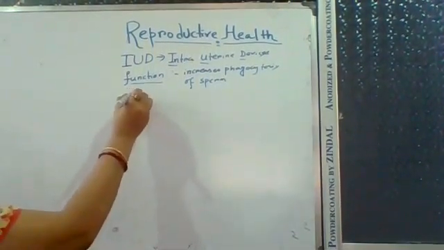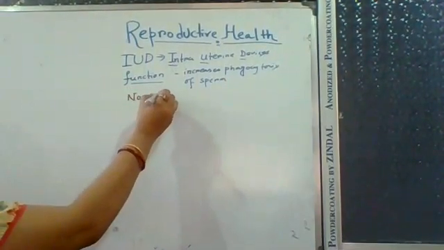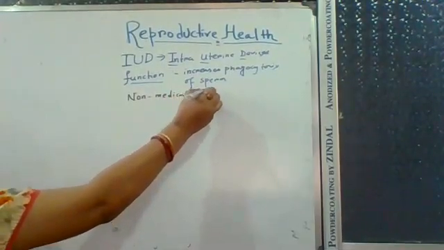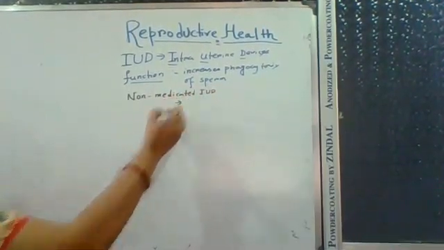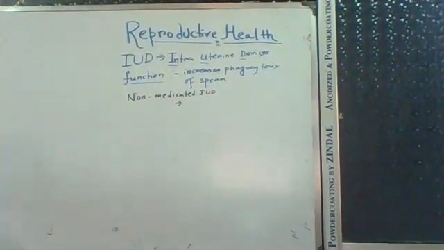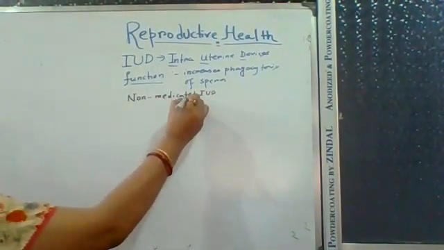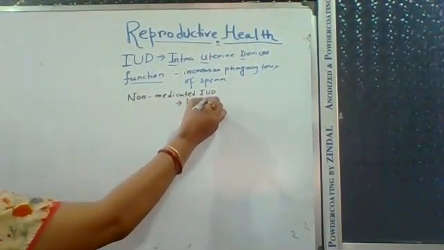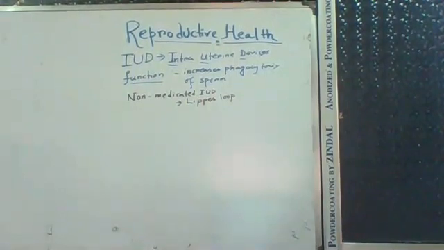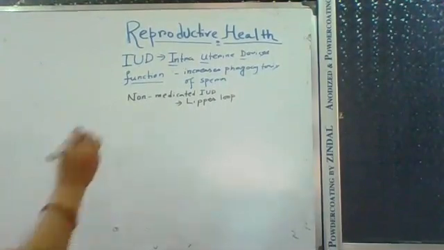For example, Lippes loop. Lippes loop, right? The second one, copper releasing IUD.